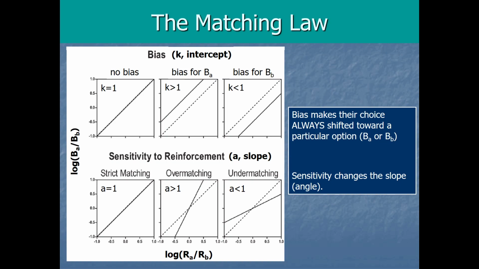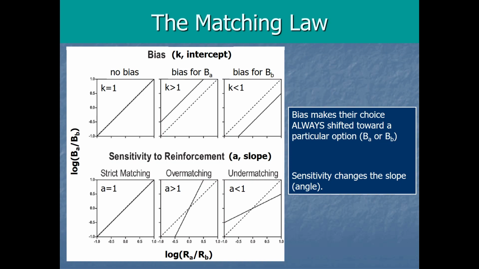So another way to put it, when the x-axis is negative, in other words, when the reinforcement proportion is poor for choice A, then undermatching means too much behavior for the poor choice, and overmatching means too little behavior for the poor choice. In other words, you could think of overmatching as an overreaction, and undermatching as an underreaction to the actual real rates of reinforcement that those choices would give you.